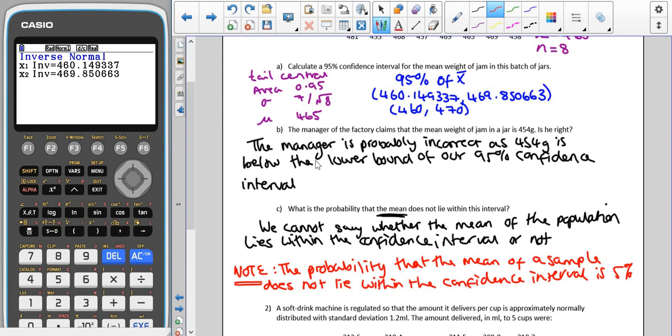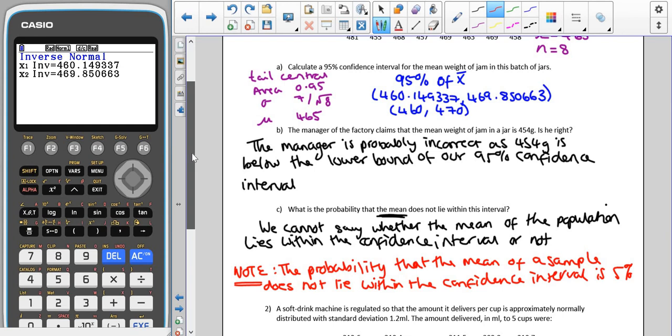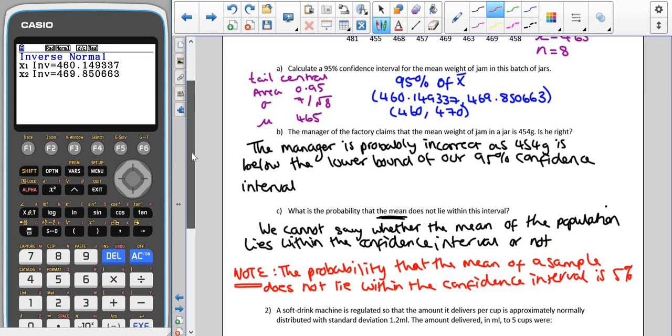Whereas the mean of a sample is going to be different depending on what values are taken in the sample. So we can say that there's a 5% chance that the mean of a sample doesn't lie within the confidence interval. And that is true for any confidence interval that we take. So that point that I've just made on C is true regardless of whether it's a large sample or even T when we get onto that.